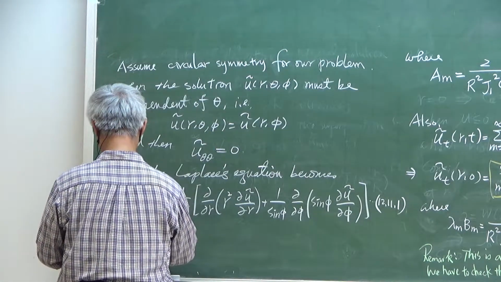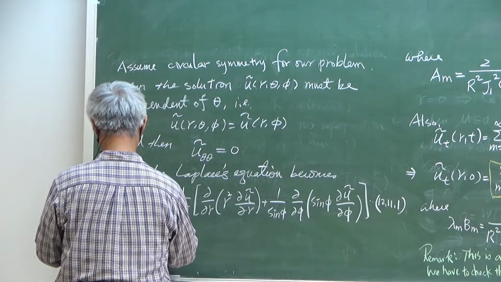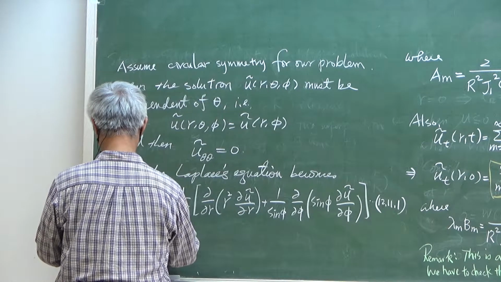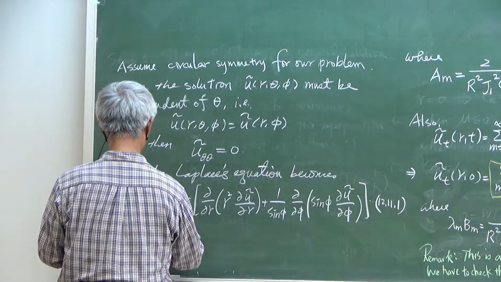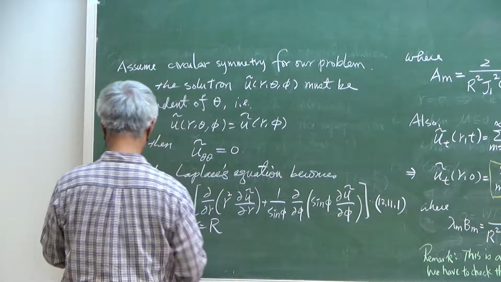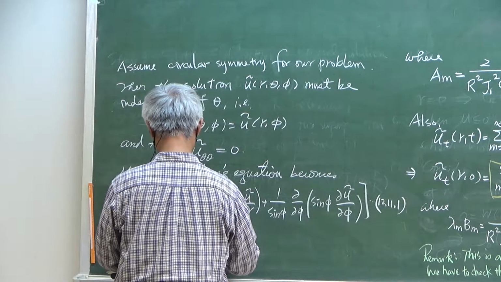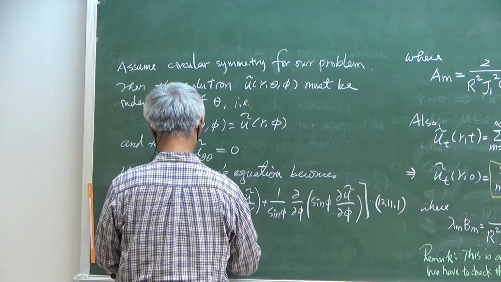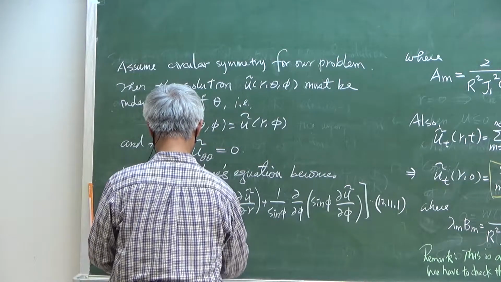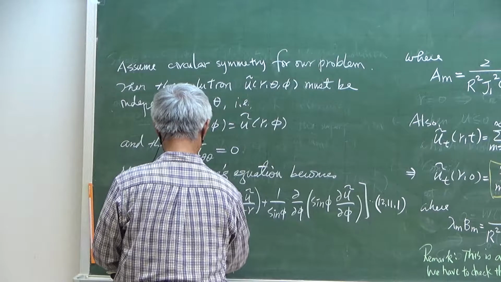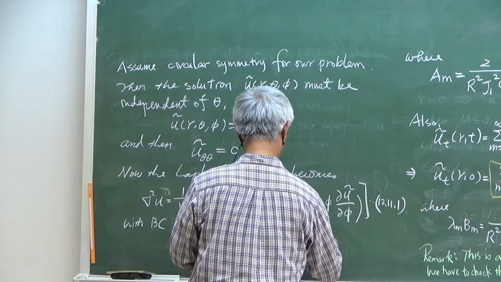And we assume boundary conditions, u at r equal to R, that's u(R, phi) equal to f(phi).